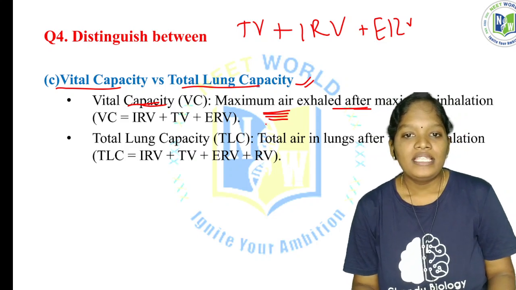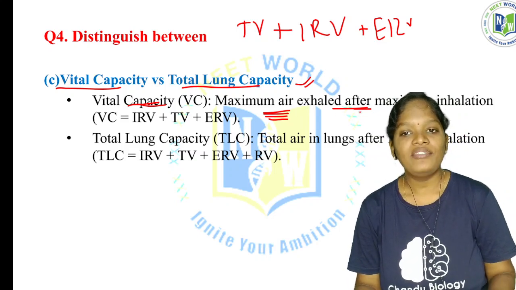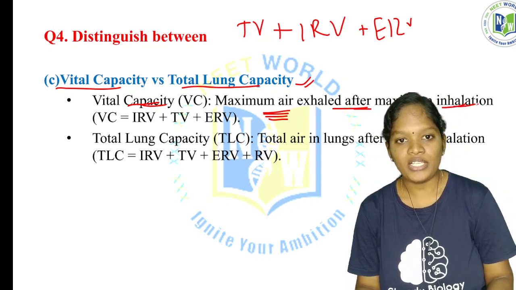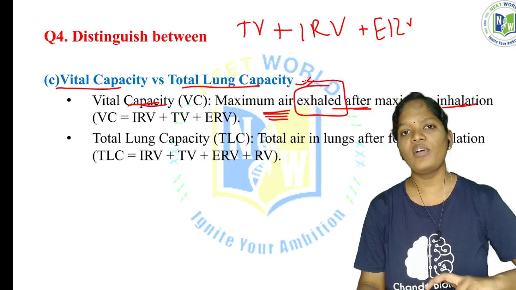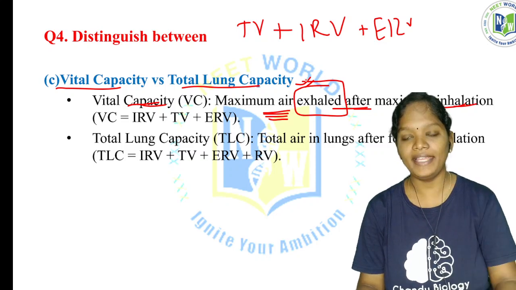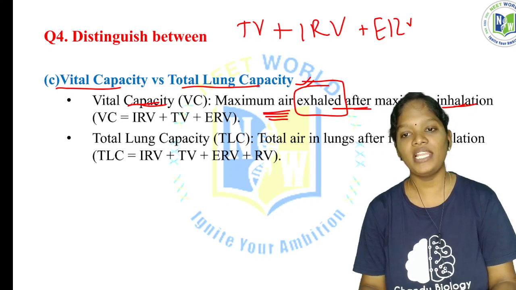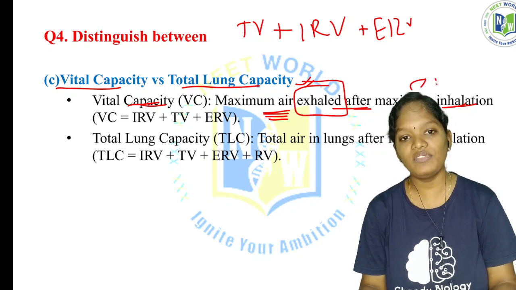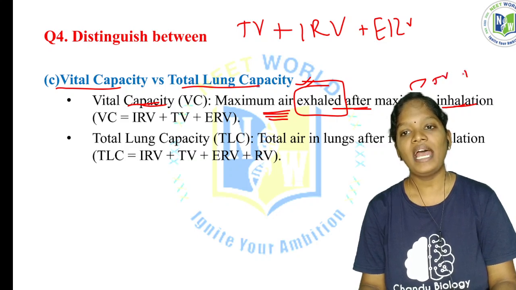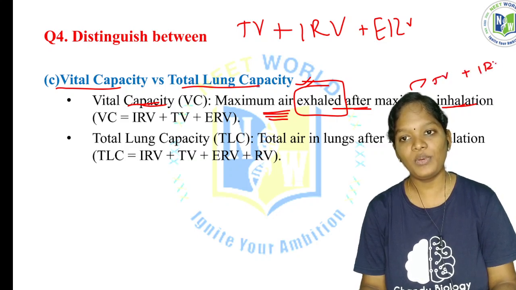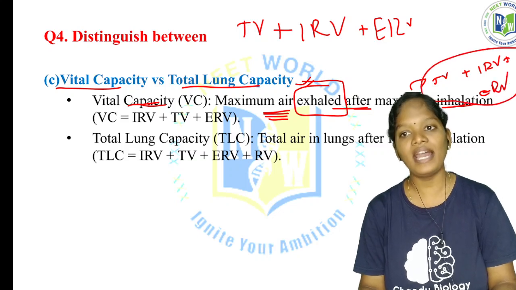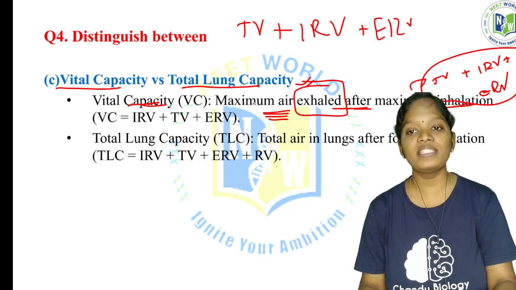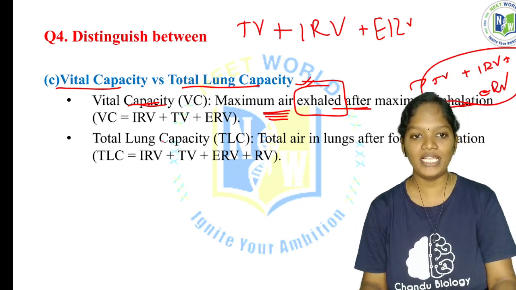The maximum inhalation comprises the tidal volume, the inspiratory reserve volume and the expiratory reserve volume, and we exhale all of this air after the maximum inhalation. So this is the vital capacity.